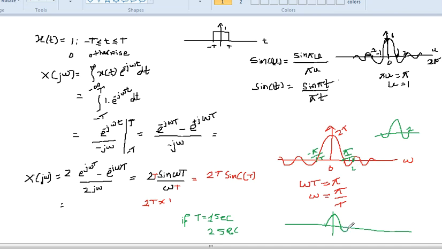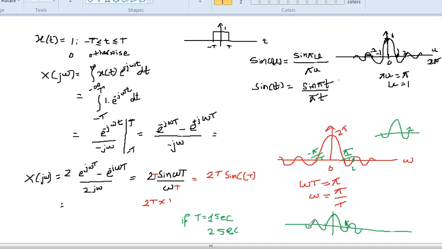Means we have this lobe, and then this would be our pi. Then the next one would be another pi by 2, which will be 3 pi by 2, and then another cycle. So we'll have the number of lobes that exist.